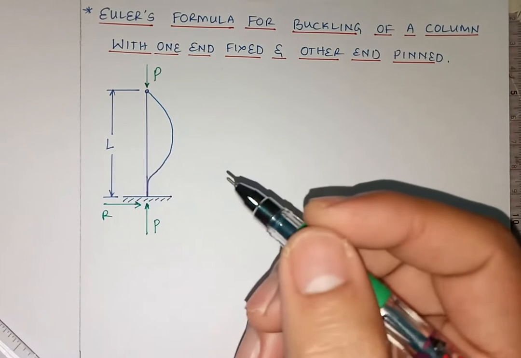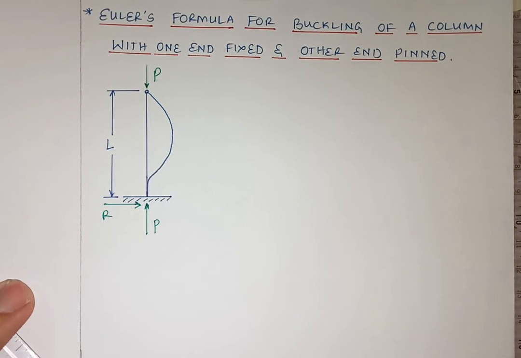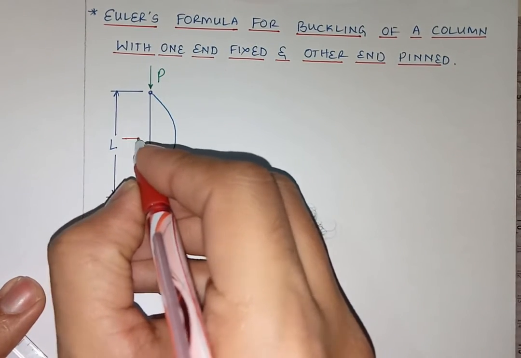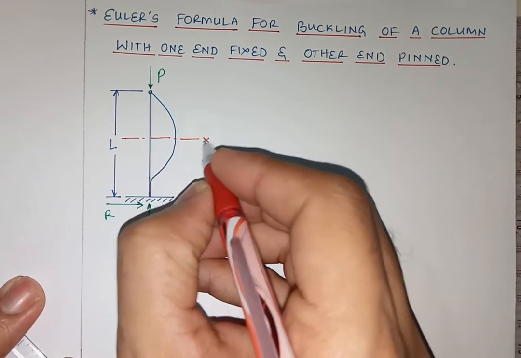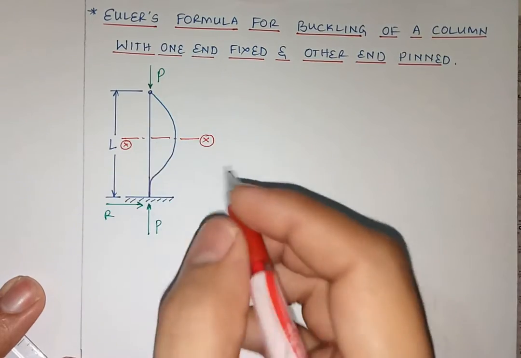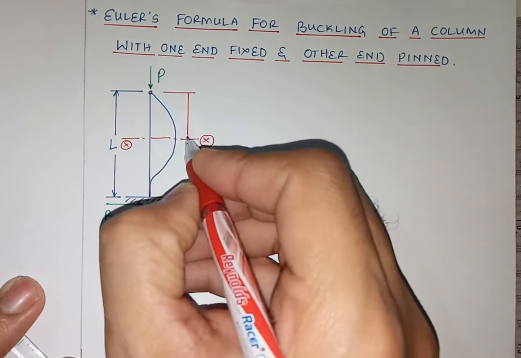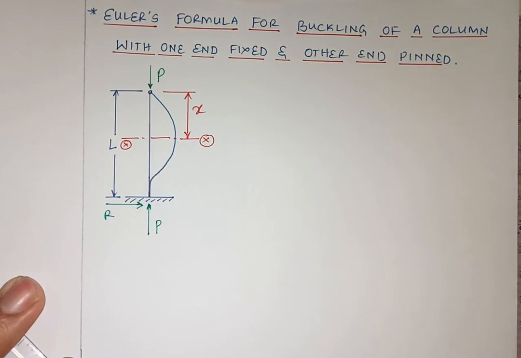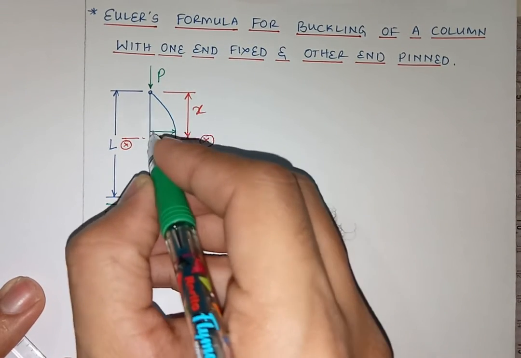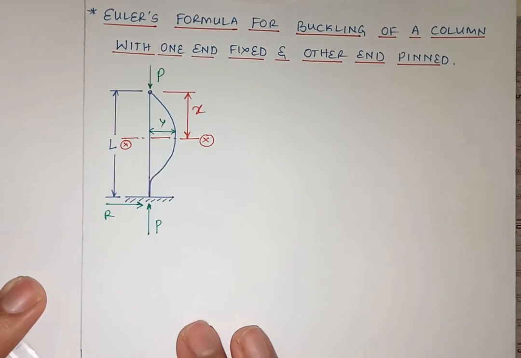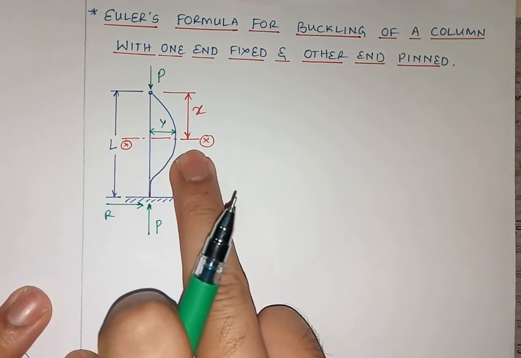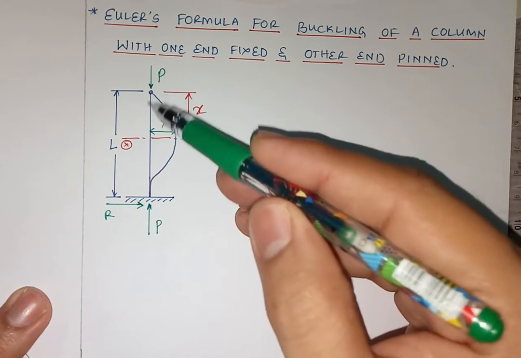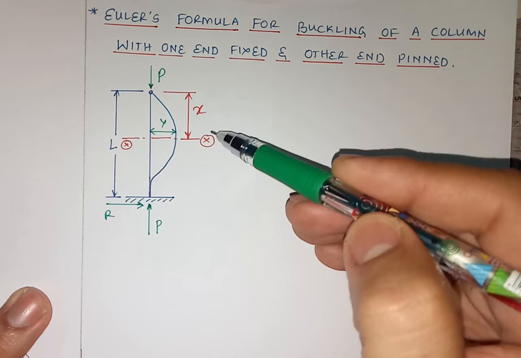Before I mark the direction of the moment here, I'll consider some section XX. So I'll mark the section over here. This distance here is taken as X, and this distance is the deflection, taken as Y. Now at the section XX, this particular P is causing a moment in the anti-clockwise direction.